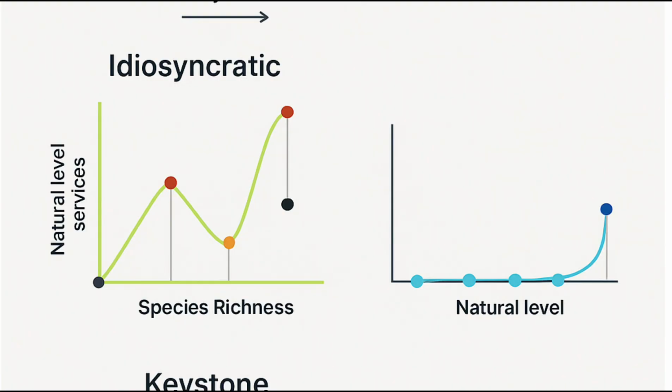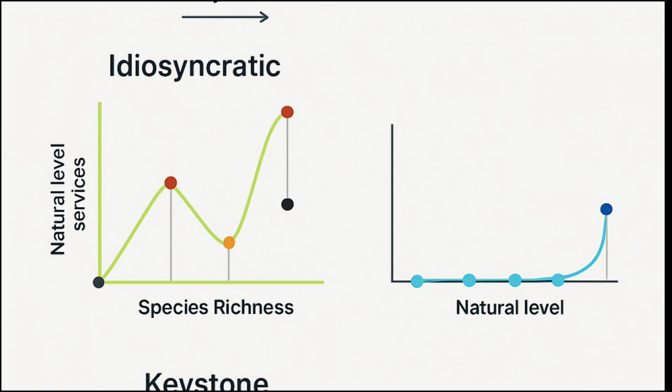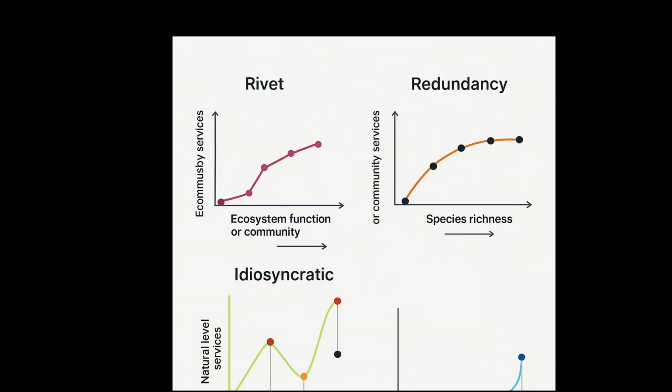So it is random ups and downs. The graph shows random ups and downs. So it plays an unpredictable role of biodiversity, and in soil microbes some species may promote growth and some inhibit, whereas some are neutral. So these are the four types of hypothesis: rivet, redundancy, keystone, and idiosyncratic hypothesis.